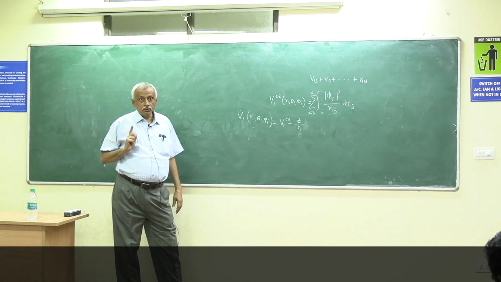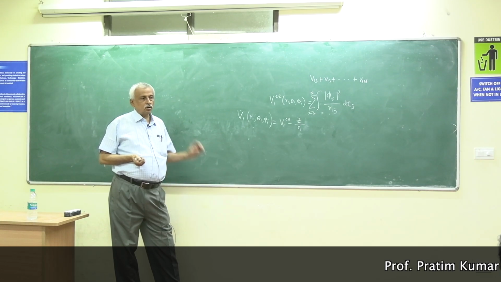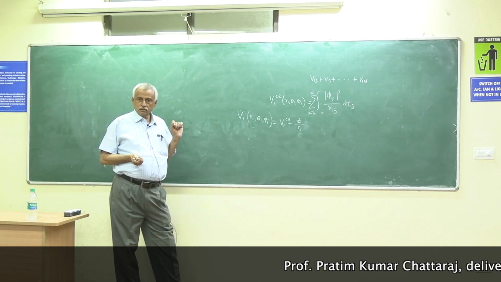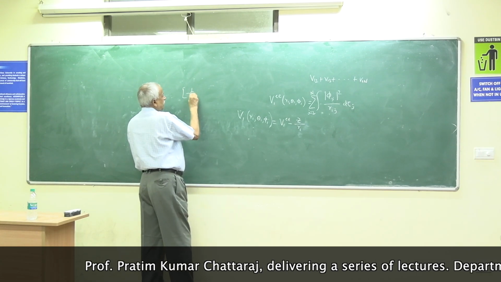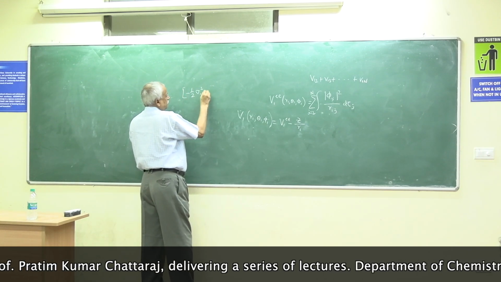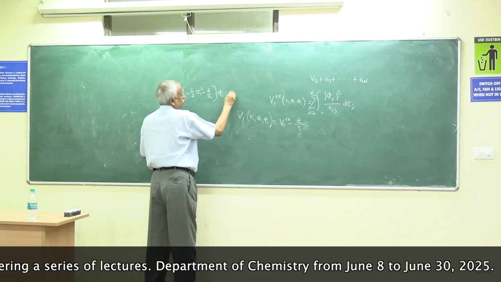Okay, now you see your original phi 1 orbital. It was the solution of minus half del 1 square minus Z by R1 phi 1 is E1 phi 1.